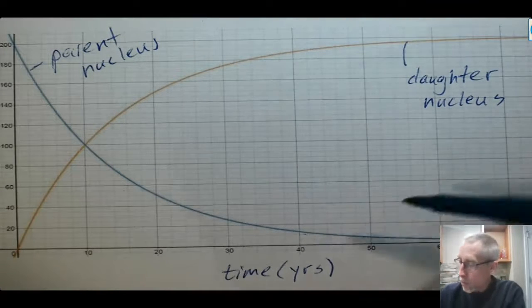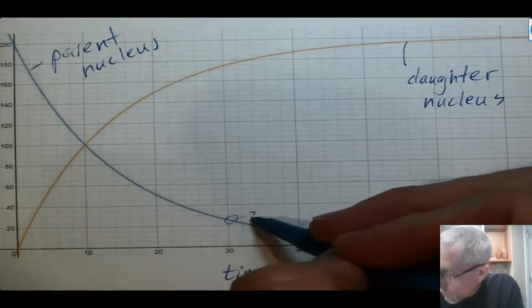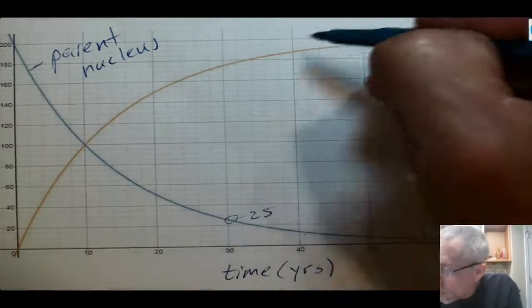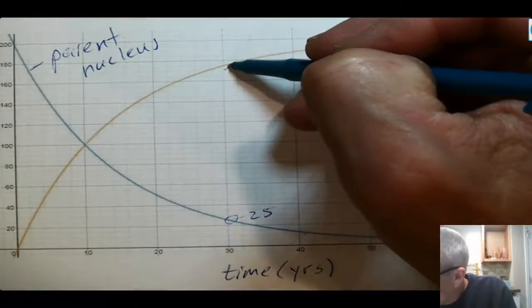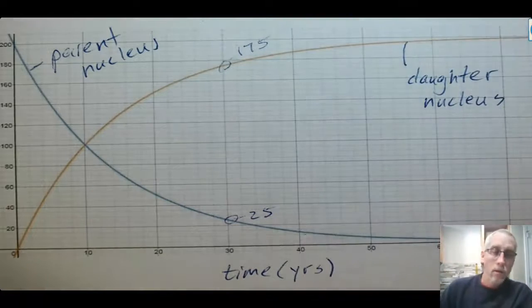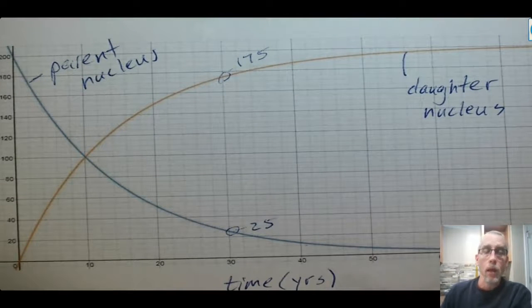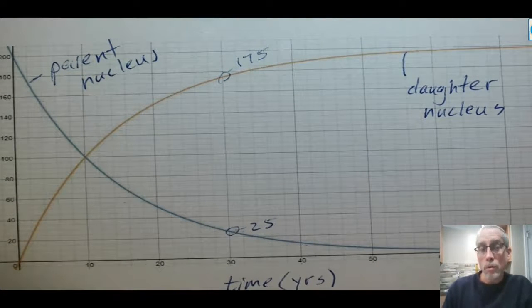I'll pick, for example, let's say 30 years. This one's at 25 particles, and this one here is at 175 particles. Adds up to 200. So all it allows you to do is more quickly see an answer to a question like, okay, how much of the daughter nucleus have we produced after a certain number of half-lives or a certain amount of time?